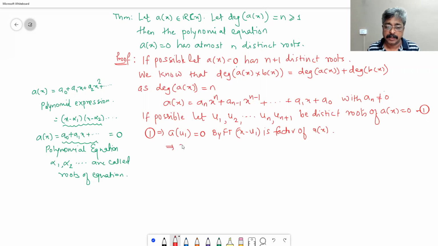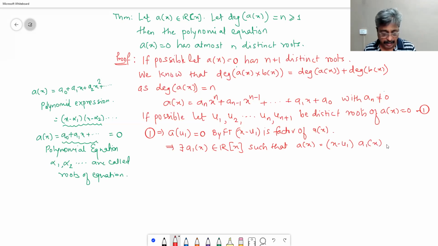So this implies there exists a1(x) belonging to R[x] such that a(x) is equal to (x minus u1) into a1(x). Note, the degree of a1(x) is equal to n minus 1.